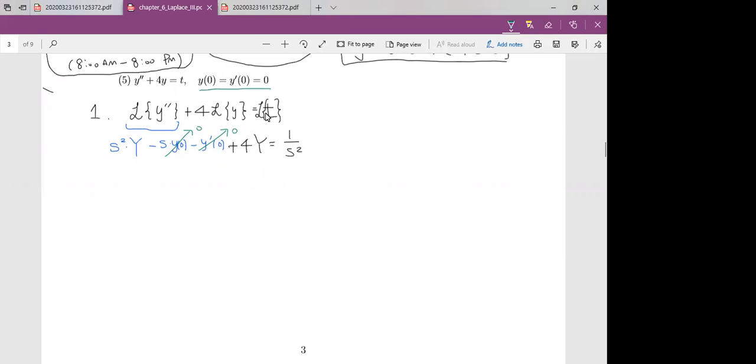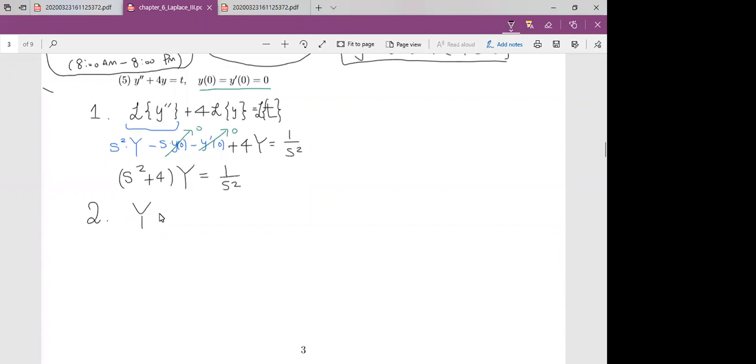So we can simplify: S squared plus 4 times capital Y is our left-hand side, and our right-hand side is 1 over S squared. Good.